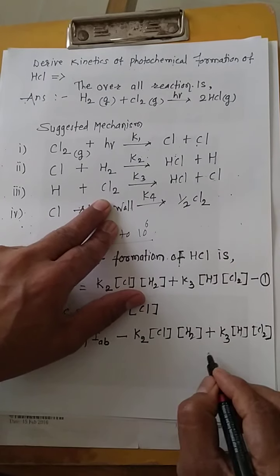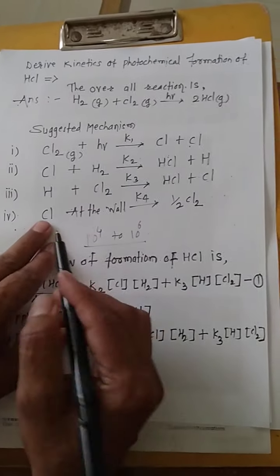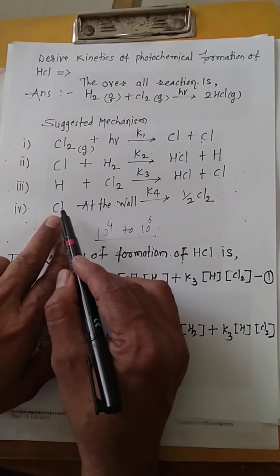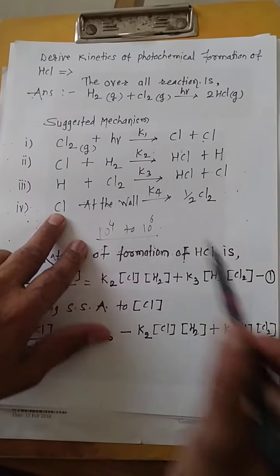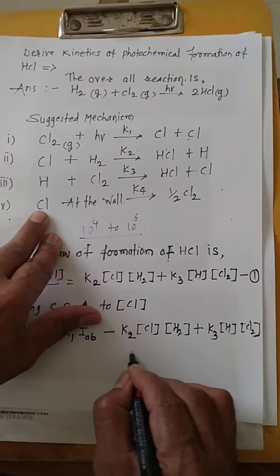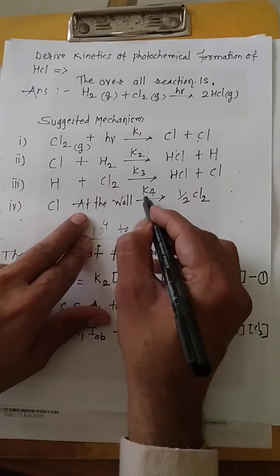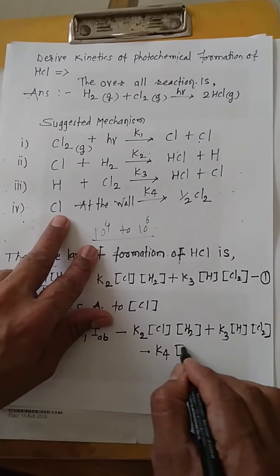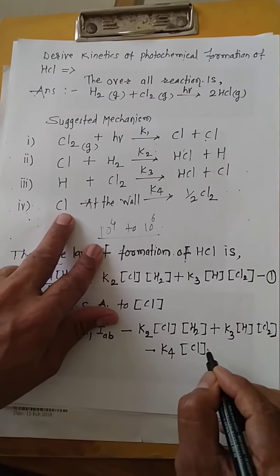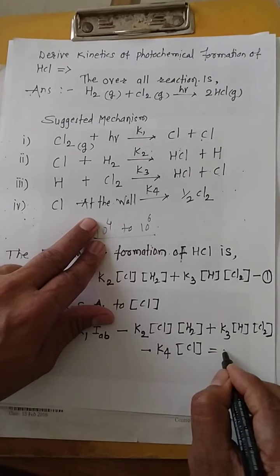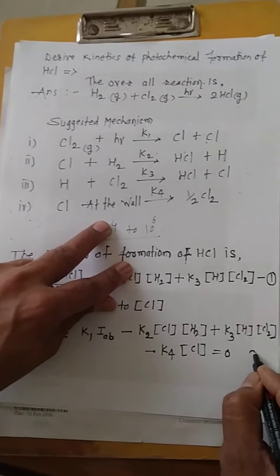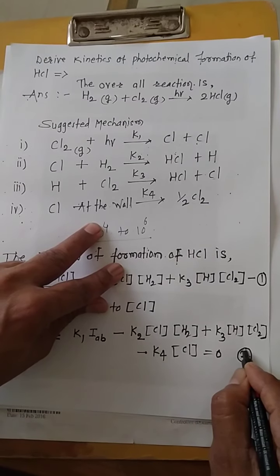Then here it is also consumed, so you write minus K4 concentration of Cl, equal to 0. This is equation number 2.